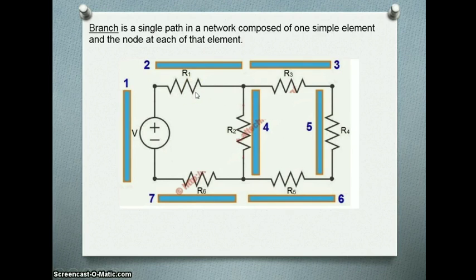And the simple way to identify the branches is to count how many different elements are there in the given example, and there will be that many branches. Like in this example, there are 6 resistors and 1 voltage source. So there are a total of 7 elements, and hence the number of branches in this example is also 7.